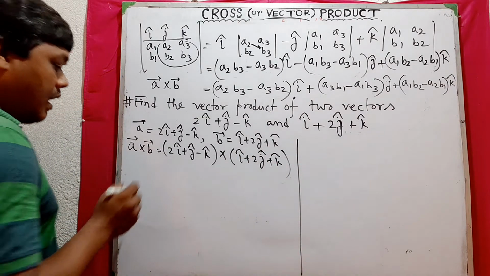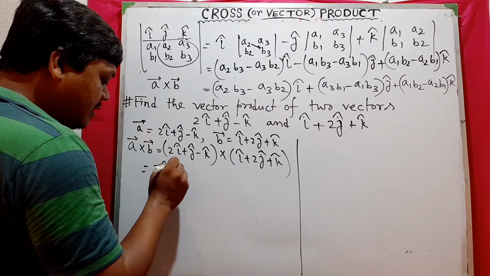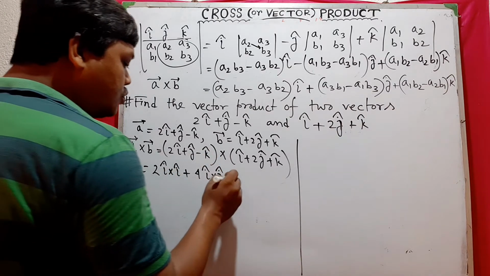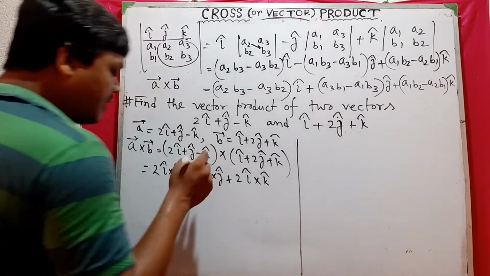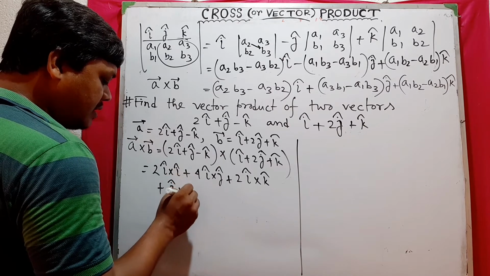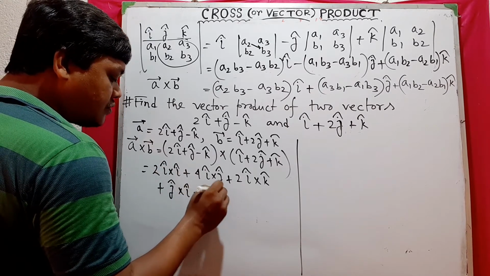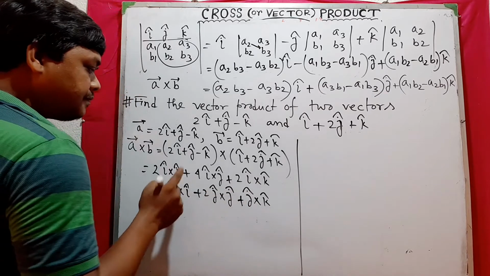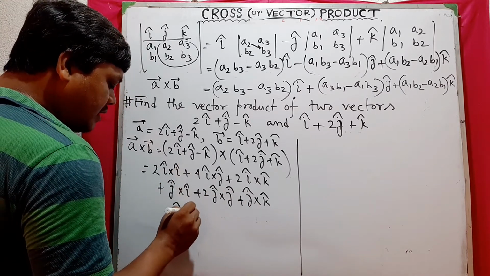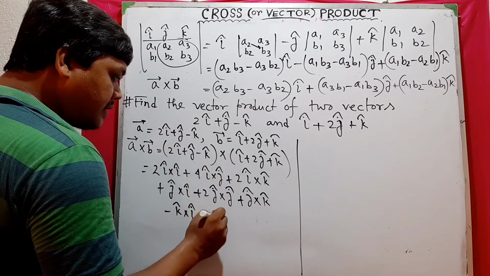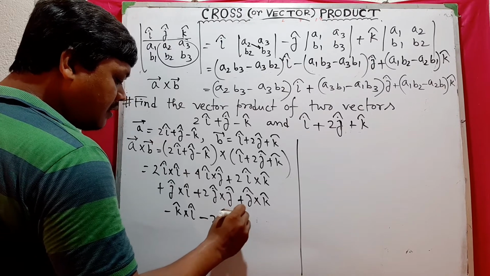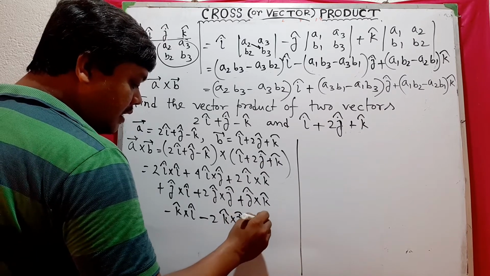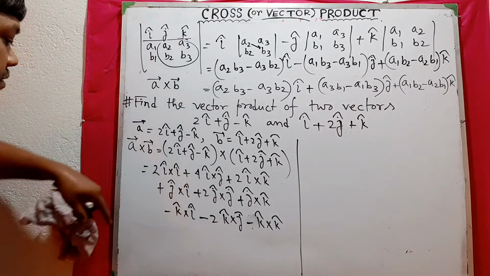We multiply simply: 2 into 1 that is 2i cross i, plus 4i cross j, plus 2i cross k, plus j cross i, plus 2 into j cross j, plus j cross k, minus k cross i, minus 2 into k cross j, since this comes first, k cross j comes, minus k cross k. Okay, now let us calculate.